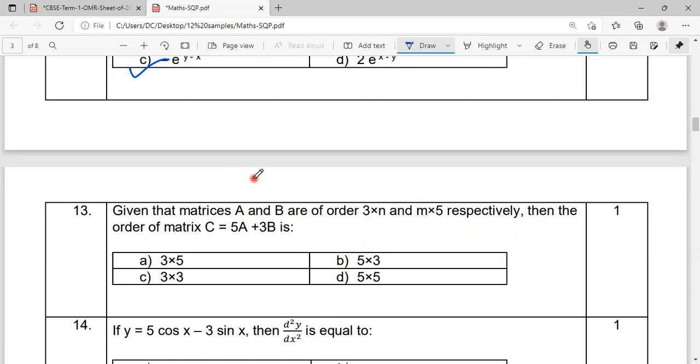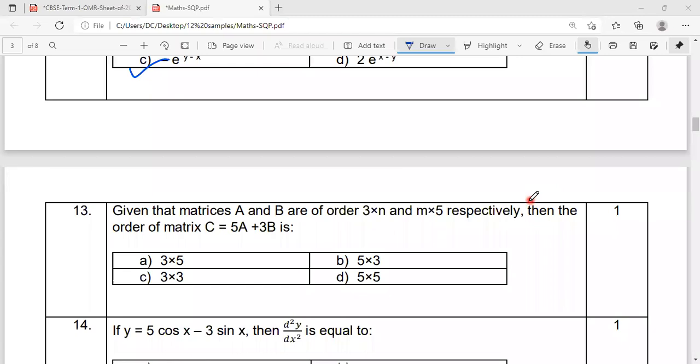This is also based on the concept of matrices. A and B are given of order 3 into n, and 5 into m. So we are adding matrix A and matrix B. That means the order should be the same.